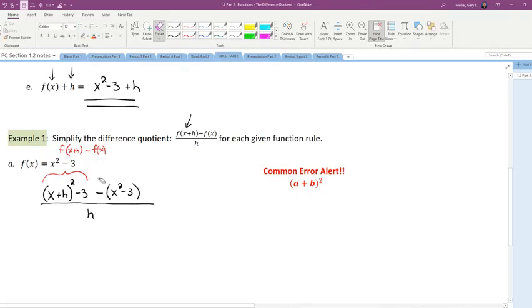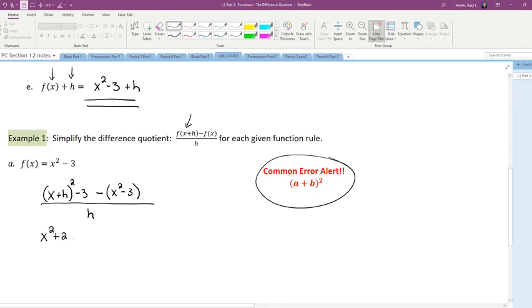All right, so now we just want to simplify this. Watch our common error and just focus on what you're doing. I'm squaring that: x squared plus 2xh plus h squared minus the 3. And now I'm going to distribute the negative: negative x squared plus 3, all over h.